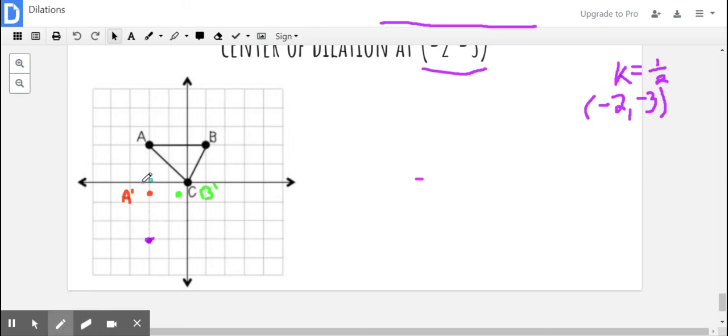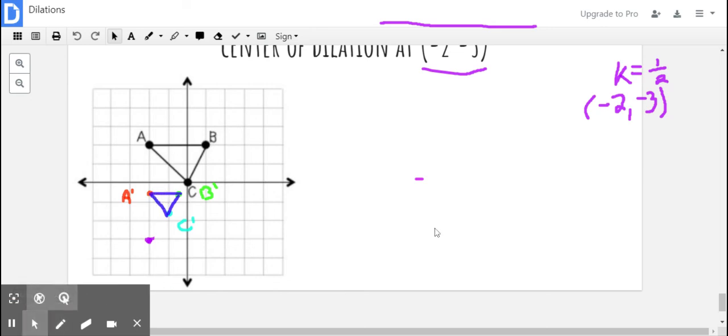So I went up 3 and over 2 instead of going up 1.5 and going over 1. And that is C prime. And we can connect all these points that we've just made by going A prime to B prime to C prime, and C prime back to A prime.